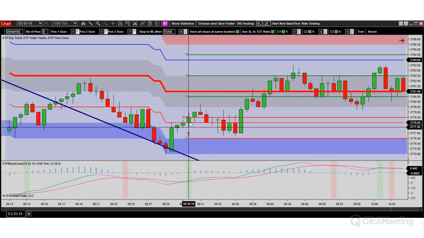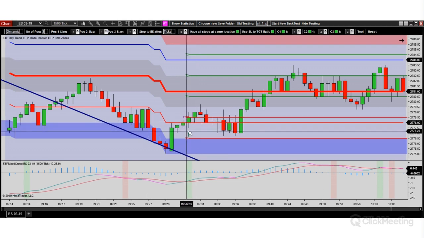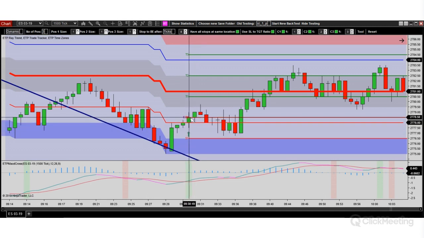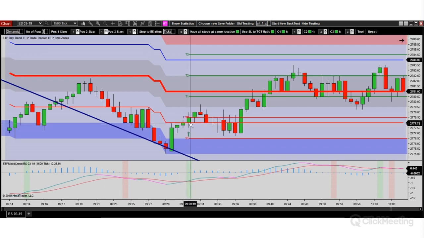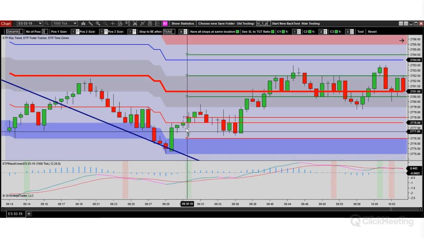So we're going to do 4 ticks below our signal candle, unless our signal candle from the entry to the bottom of the candle is only 1 tick. So that means if our stop is less than 5 ticks, what we do is we grab the stop location from the previous bar.